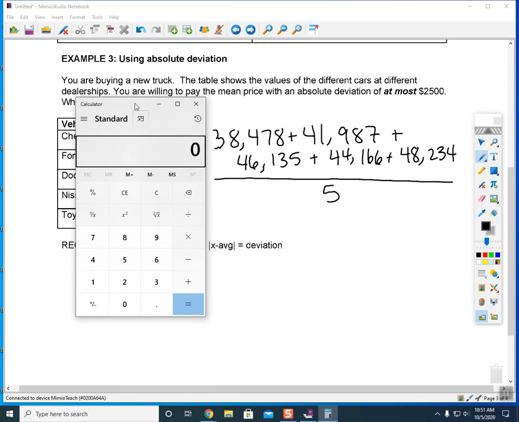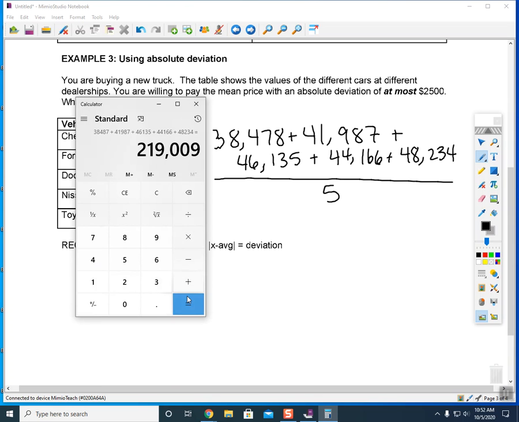So I've got 38,487 plus 41,987 plus 46,135 plus 44,166 plus 48,234.